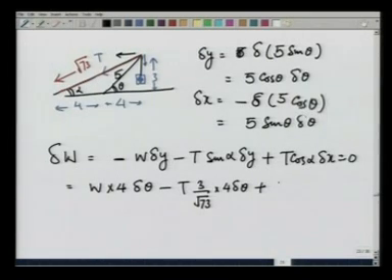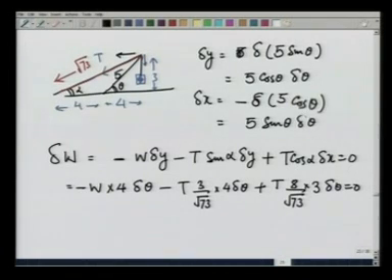Then T cosine alpha, with a minus sign here, is T times 8 over square root of 73, and delta x is in the same direction, 5 sine theta is 3, so 3 delta theta, equal to 0.